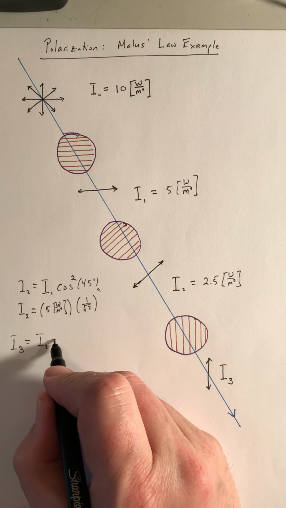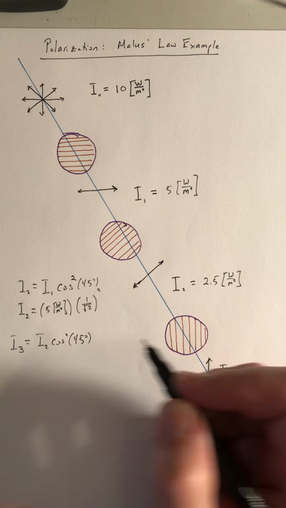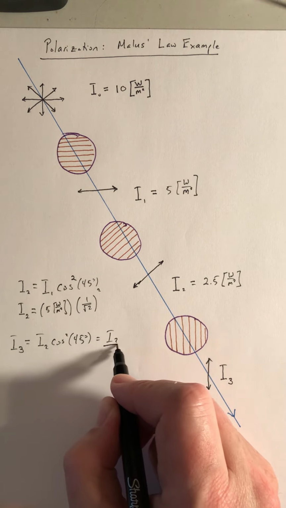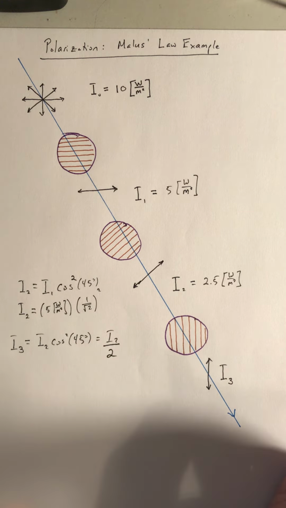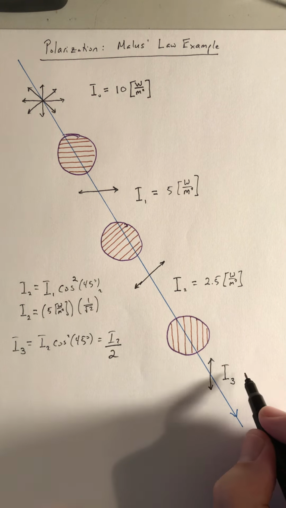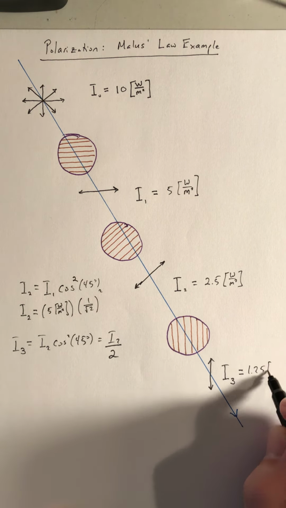So I'm going to have again cosine squared 45 degrees, which is going to be half of I2. So that gives us I3. It's going to be 1 1/4 watts per square meter.